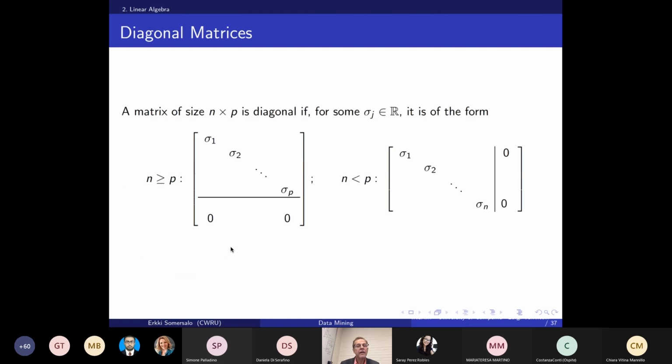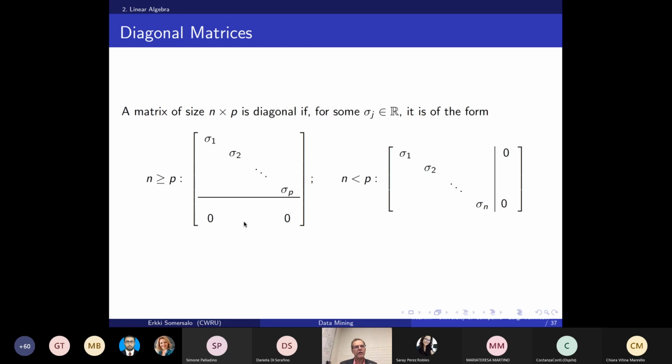Now, it turns out that all matrices, no matter what matrix you're looking at, can always be decomposed as a product of orthogonal matrices and so-called diagonal matrices. Before I state that result, I'm recalling for you what a diagonal matrix looks like. A diagonal matrix is a matrix whose entries are 0 except for the entries on the diagonal.